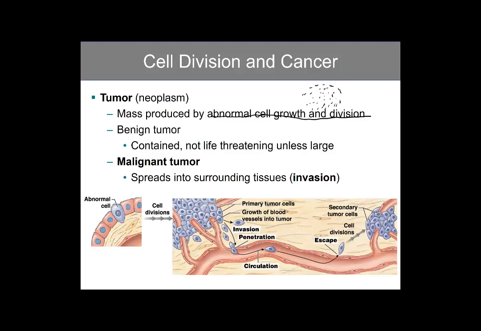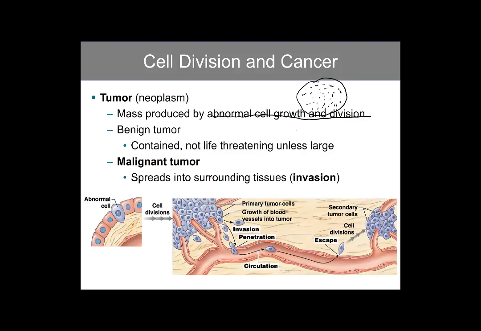A benign tumor is one that is contained. It's not life-threatening. Usually, surgeons can operate to remove benign tumors if they need to be removed. And once all the cells are out, there's no threat of a reoccurrence.